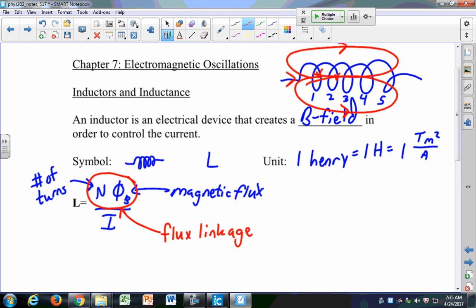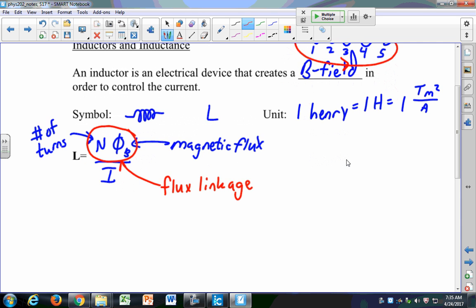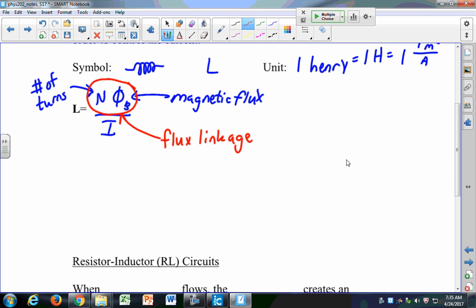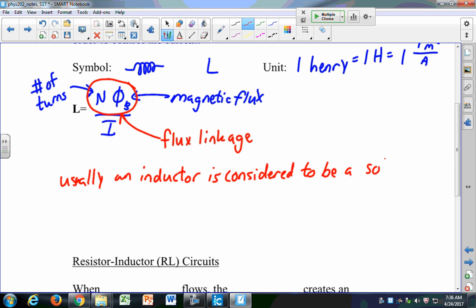The flux, describing the magnetic flux. Let's see, and usually an inductor is considered to be a solenoid. So we've seen inductors already. Usually. Right?